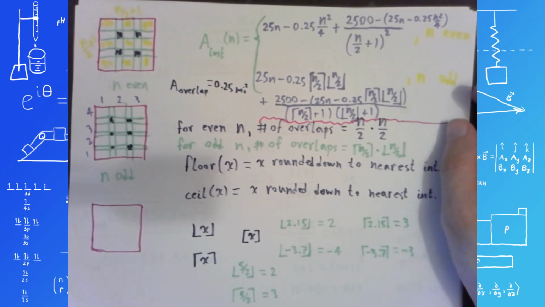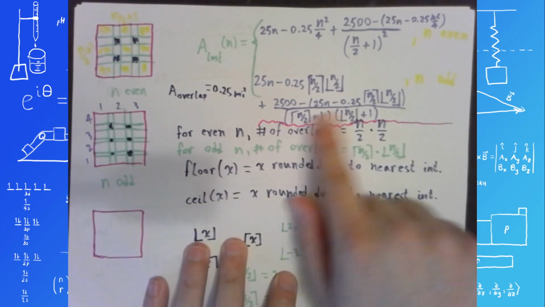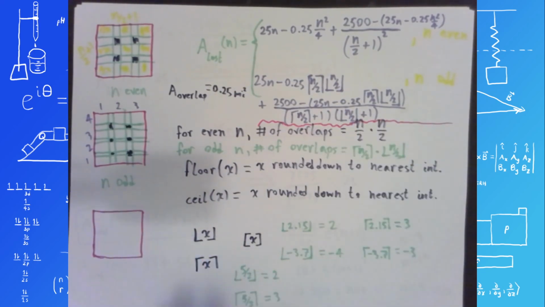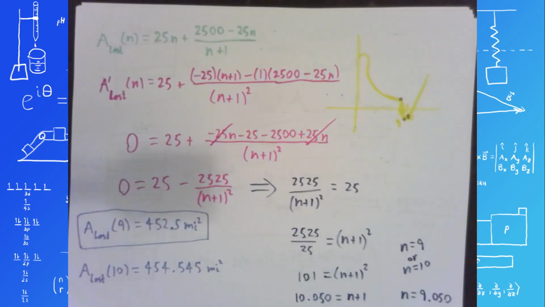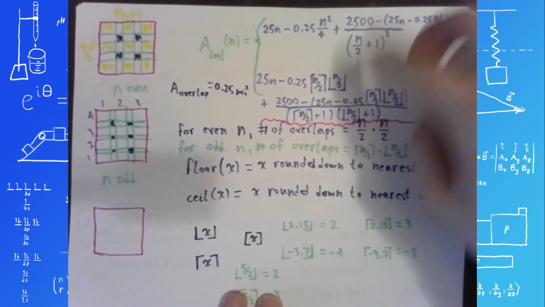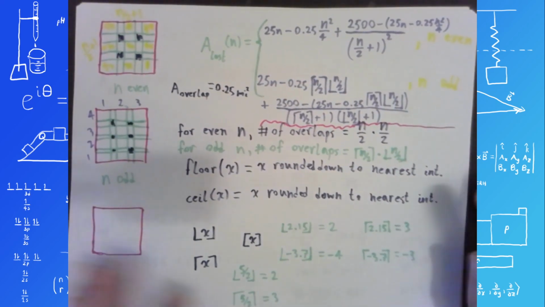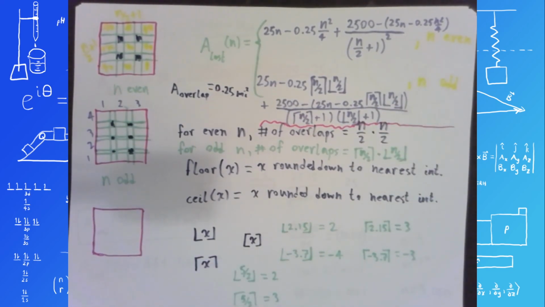And like I said, this is about as far as I'm willing to go, because trying to do calculus on this, I'm not sure how I can simplify this into a nice function and pretend it's continuous like I did back here. I think you'd just have to throw this into an equation solver, type it out, and see what the optimal odd n is.